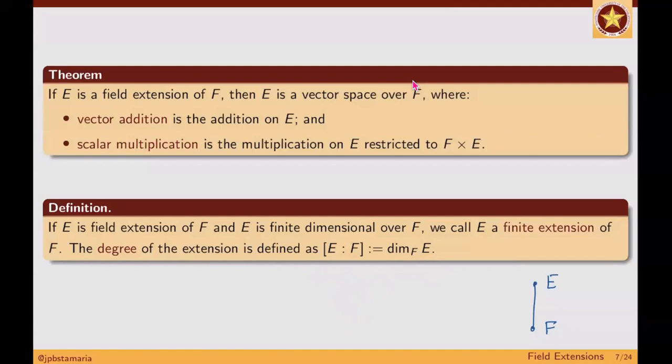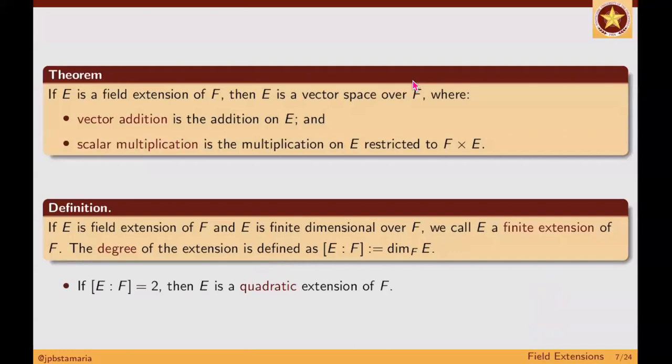Pag nasa linear algebra ka, dimension ang tawag, pero pag nasa abstract algebra 2 ka, pinag-aaralan natin mga fields, ang tawag dyan ay degree of the extension. May kinalaman ba yan, sir, sa degree ng polynomials? Yes. Okay, kaya degree ang ginagamit dyan. It has something to do with degrees of polynomials, as we shall reveal later.